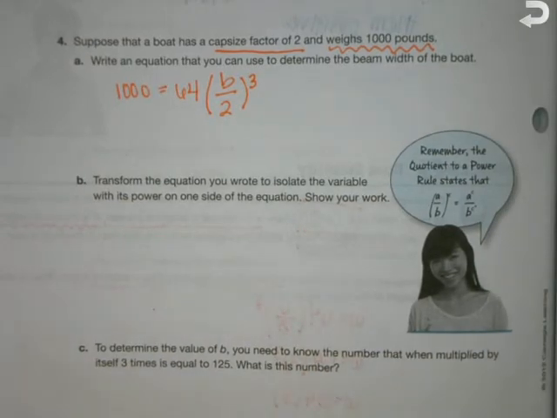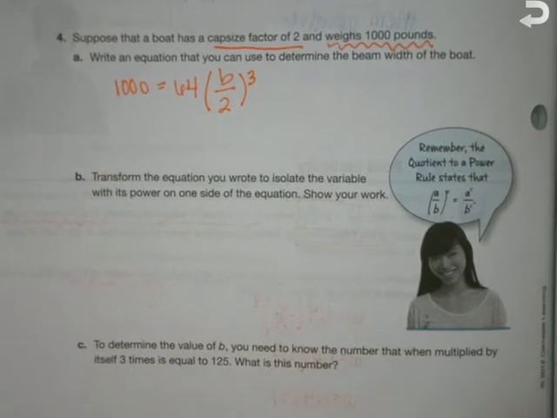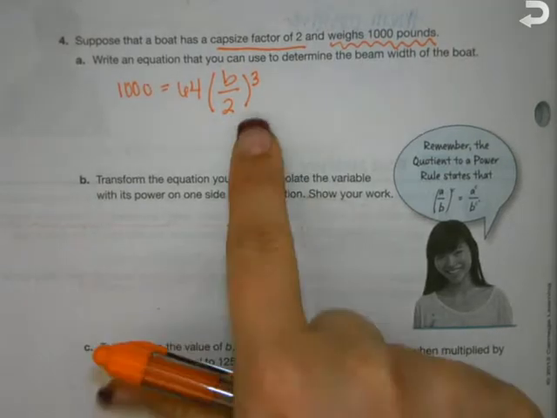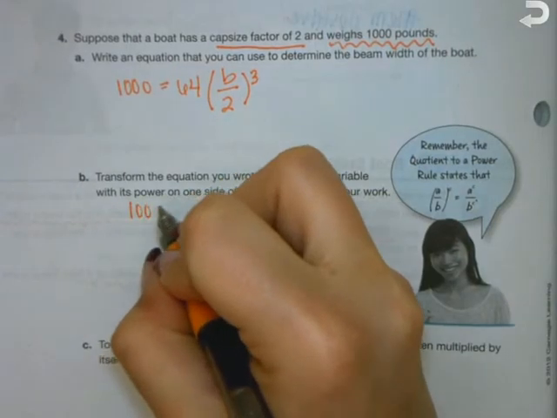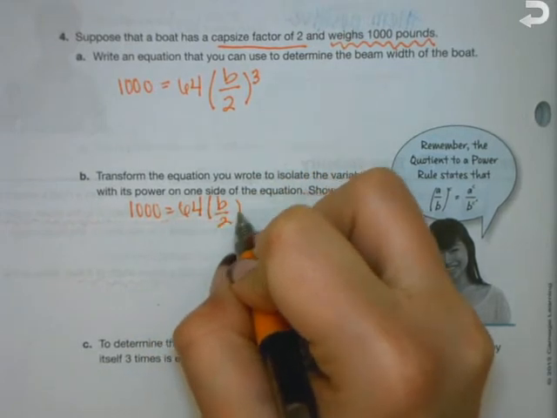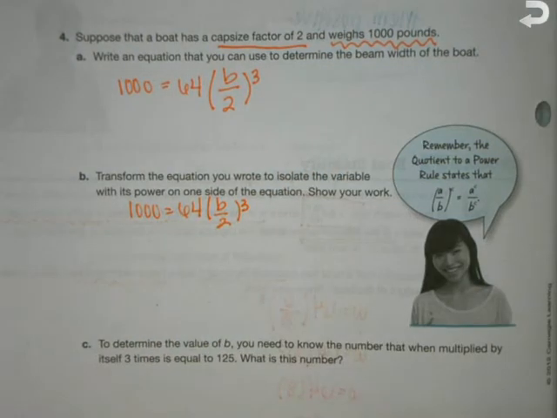Part B wants us to transform that equation to isolate the variable with its power on one side of the equation. So let's take a look at what we have here. I'm going to rewrite the equation we just wrote so that I can work with it. Remember, when we cube a fraction, that means that we're multiplying that same fraction, B over 2, how many times? 3.